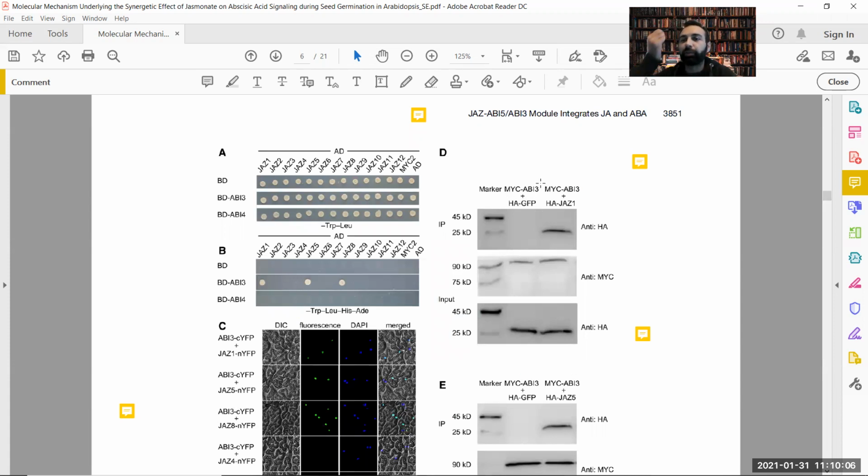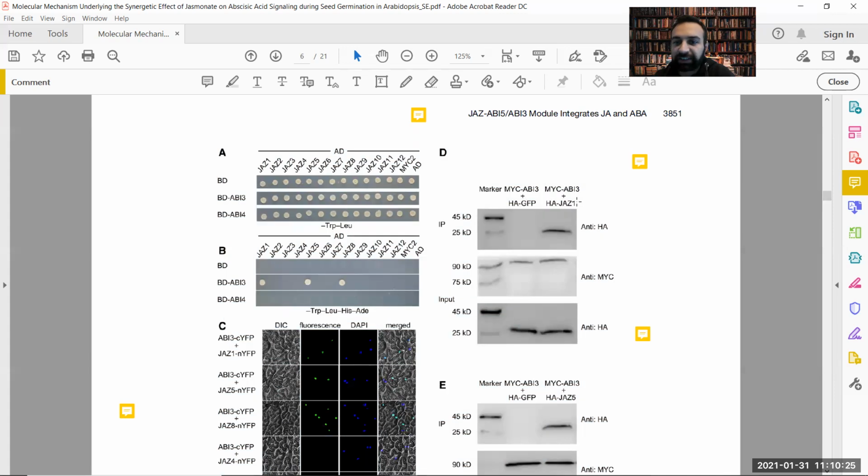Then with MIC antibodies, we pulled ABI3, and if GFP was also pulled, then we would have to see it here because we have HA antibodies and HA is bound to GFP, but it's not the case.